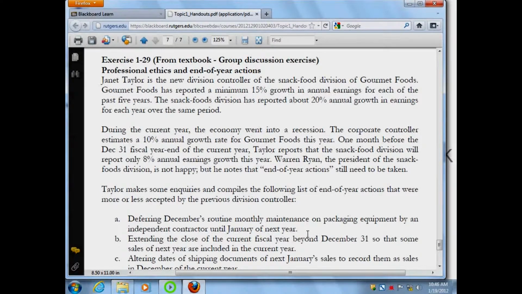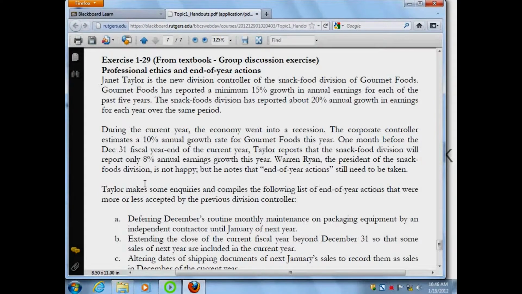I want you to discuss amongst yourselves and decide whether you are comfortable, based on some fundamental instincts that I know we all possess, with signing off on those transactions or not. Everyone understands? You can just work together with the people sitting next to you, just 2 or 3 people.